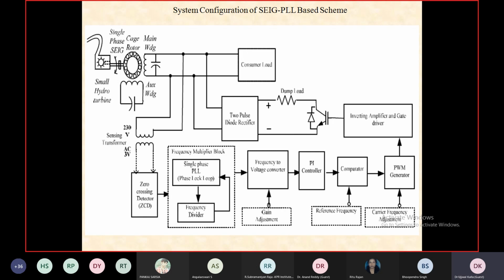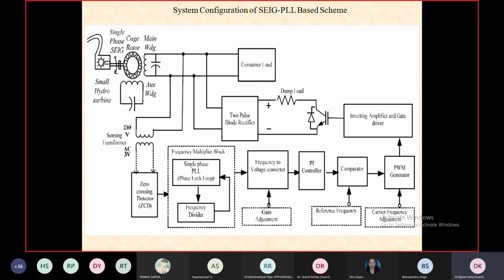First approach, that was the voltage feedback based approach. Most of the researchers throughout the world have used the voltage feedback approach. In the voltage feedback approach, they took the system voltage as a feedback variable and compared it with a reference value, 230 volt.